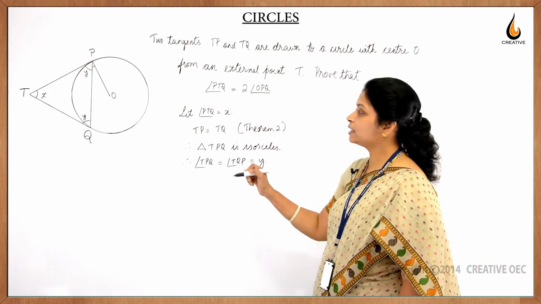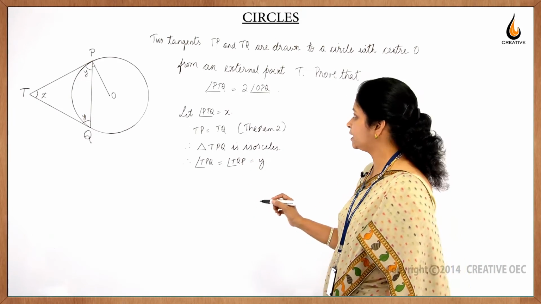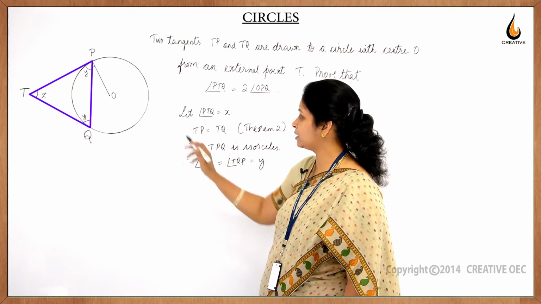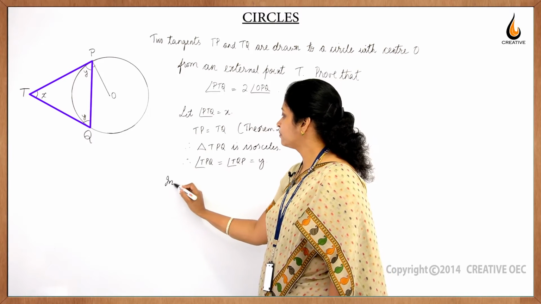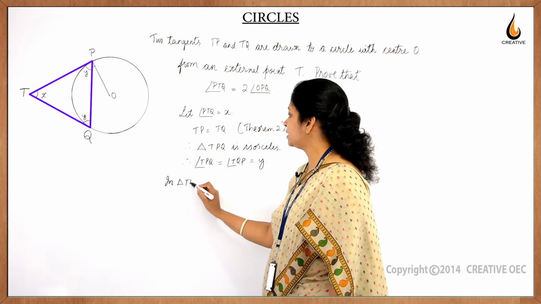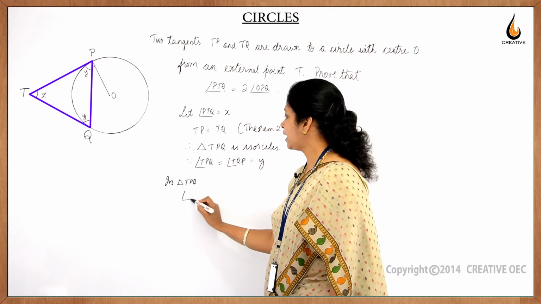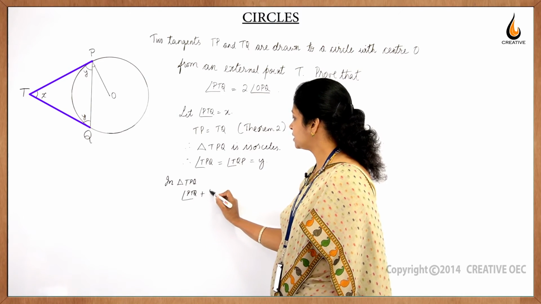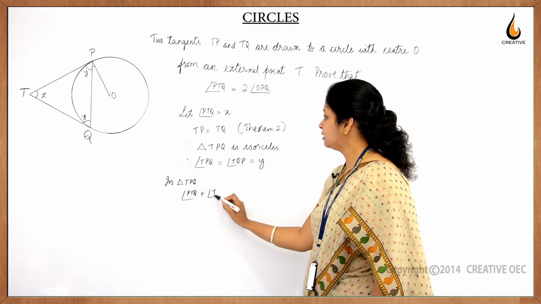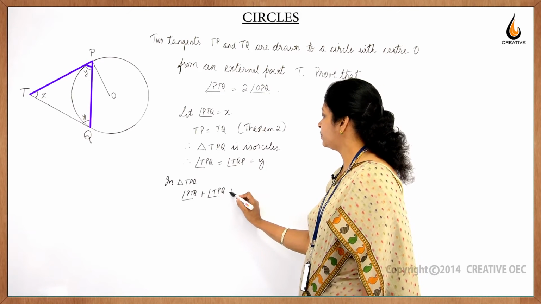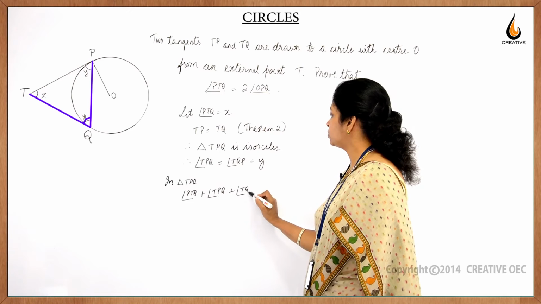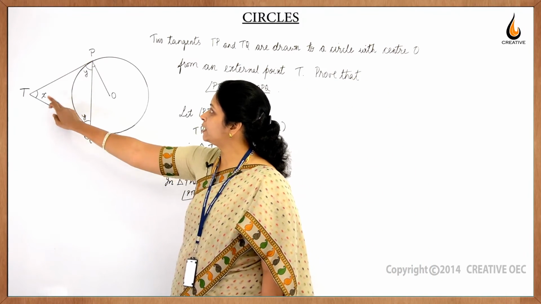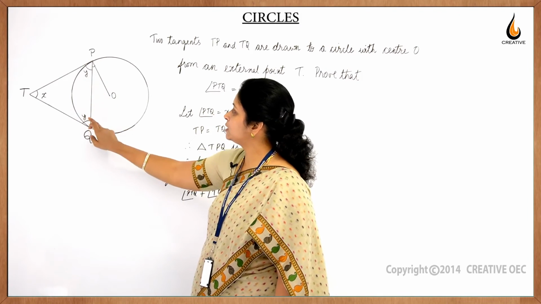Now, when we add all these three angles, it should be equal to 180 degrees. So, in triangle TPQ, angle PTQ plus angle TPQ plus angle TQP, the three angles in this triangle. This is angle PTQ, this is TPQ and this is TQP.